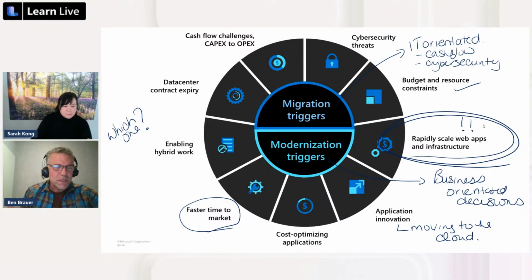Those two types of reasons for a highly scalable infrastructure or application are probably the number one reason why people move to the cloud. And it's also very much an IT and business decision.